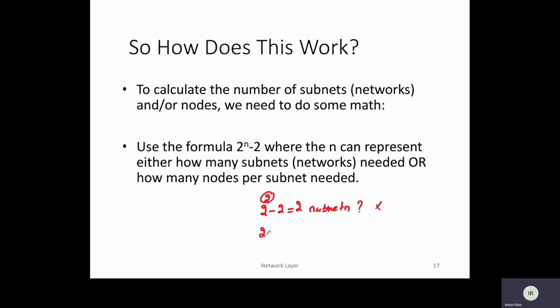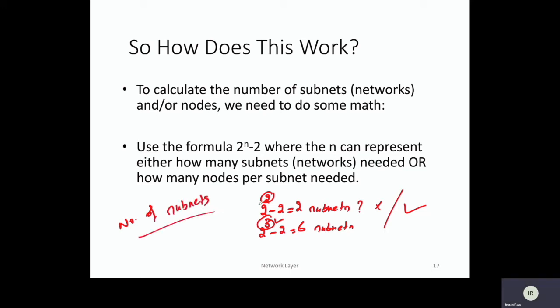So let me increase the number of bits that I borrow. What if I borrow 3 bits? 2 raised to power 3 minus 2 is 6. That's okay, right? This is enough, because we want to create 5 subnets. So 3 bits are enough, and we are done with the first requirement, the number of subnets.